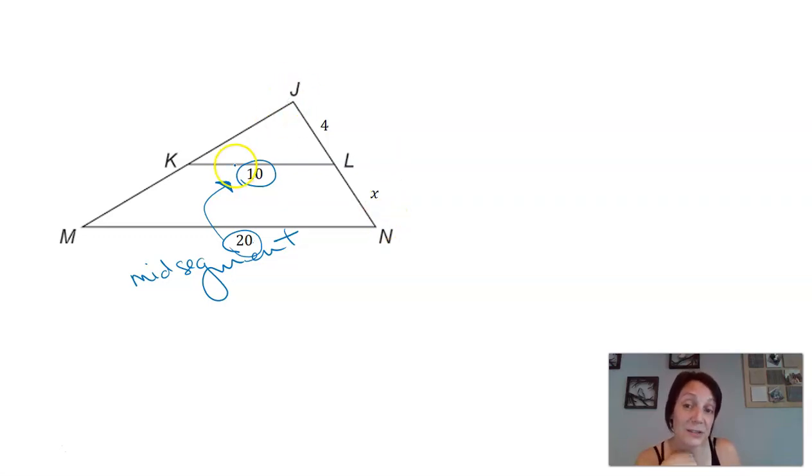So if you know your sides are cut in half, then you know you have a midsegment. If you know you have a midsegment, then you know these two things have to be the same. Right? This side has to be cut in half. So if this is 4, then this is 4. And if they told you that this was 10, then we would know this was 10. If they told you that this was 27, we'd know this was 27.